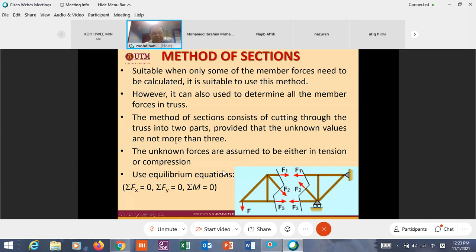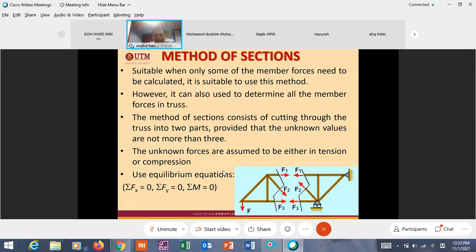What does it mean? If you cut here and the cutting is through 3 members, then we can solve the problem. If it is more than 3, then we cannot solve the problem.